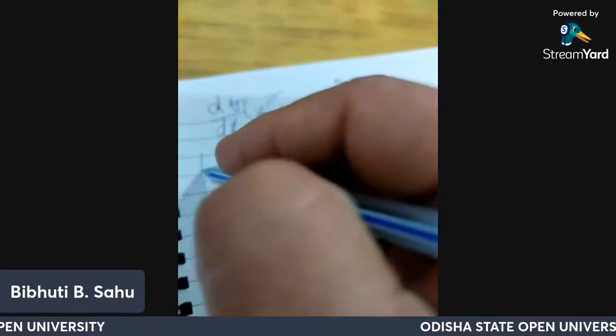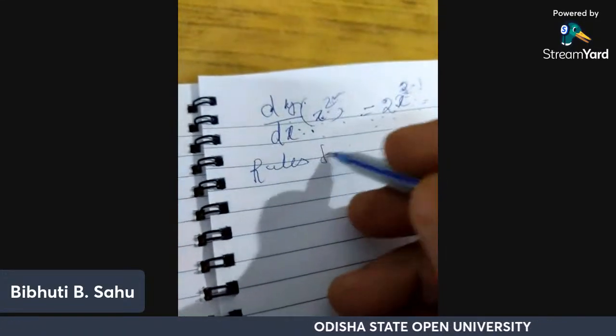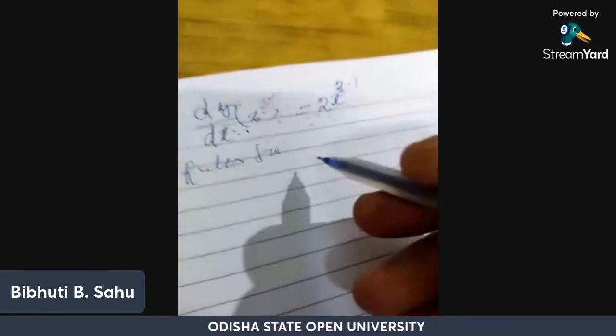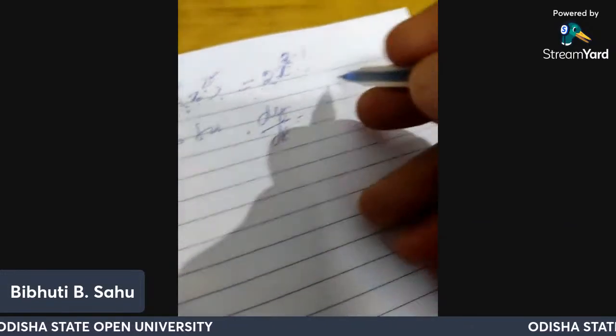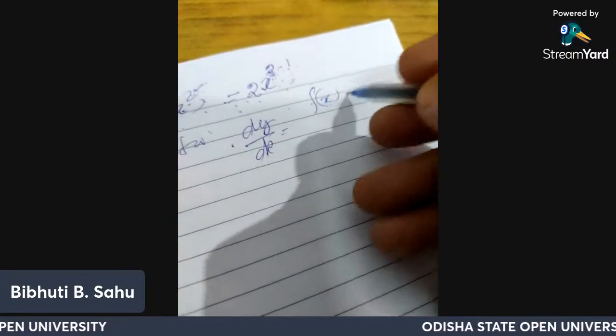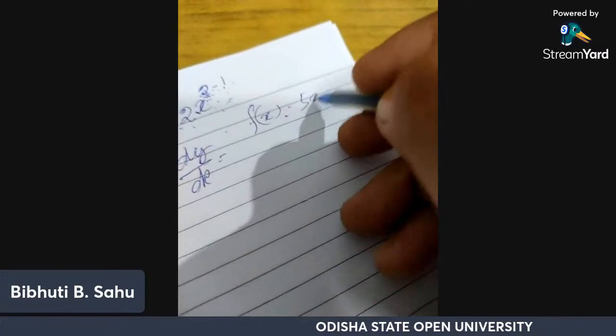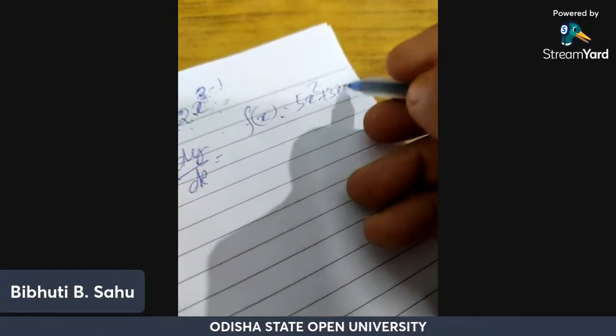That means the rule for derivatives: dy by dx of the function of x, where the function is 5x square plus 3x plus 3.